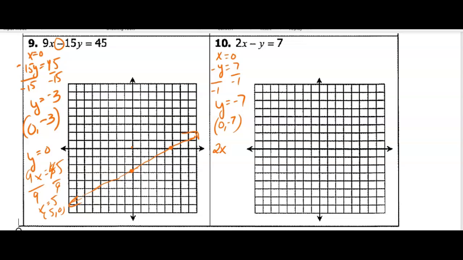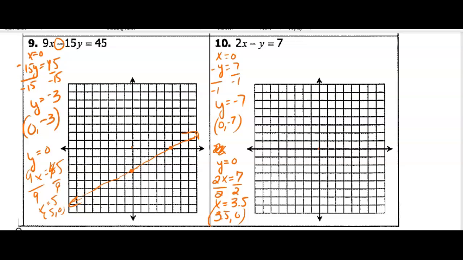And then when y equals 0, 2x equals 7, so I divide by 2, and x equals 3.5. That's probably the easiest one to do, so I have 3.5, comma 0.